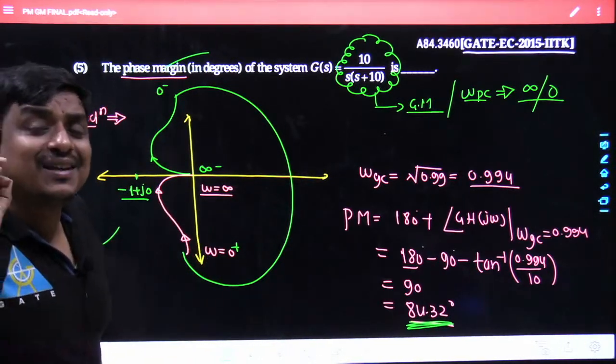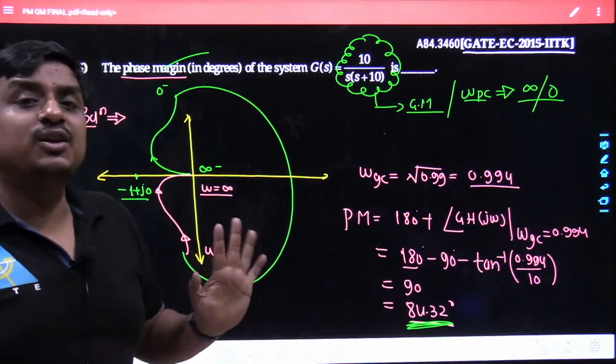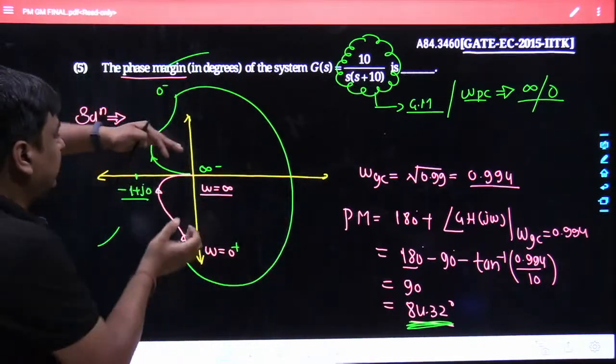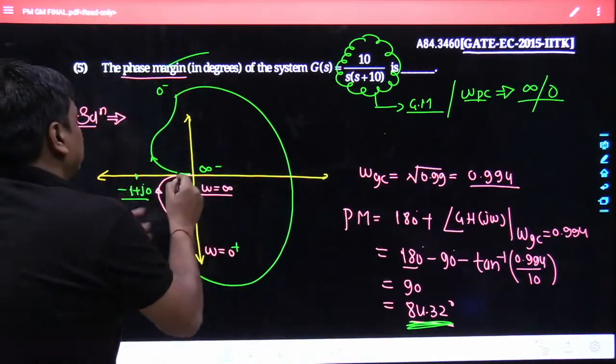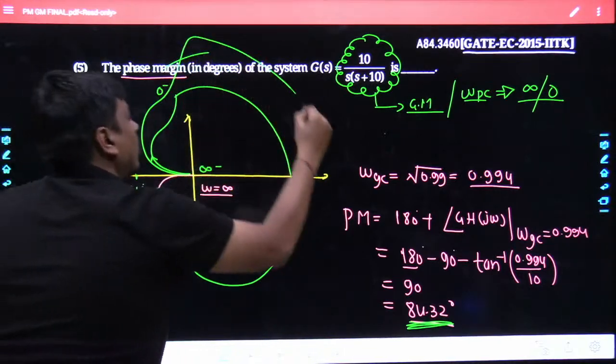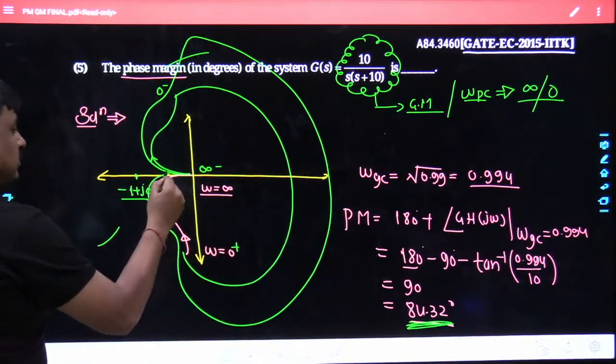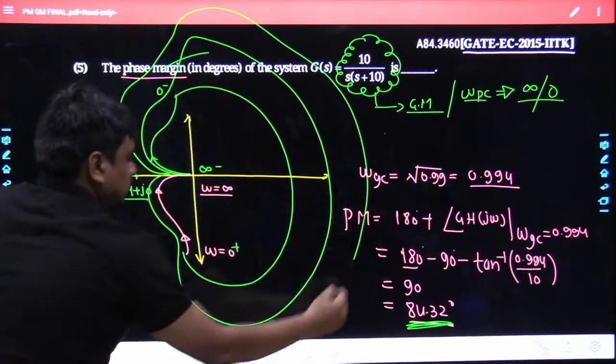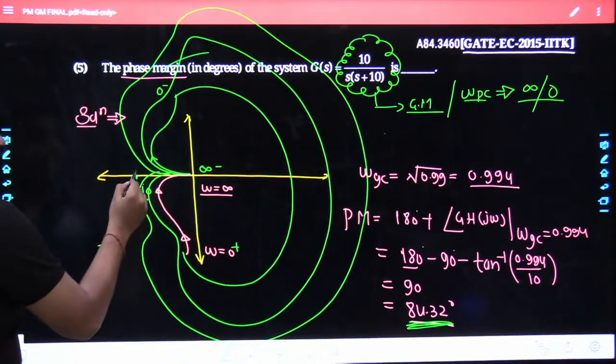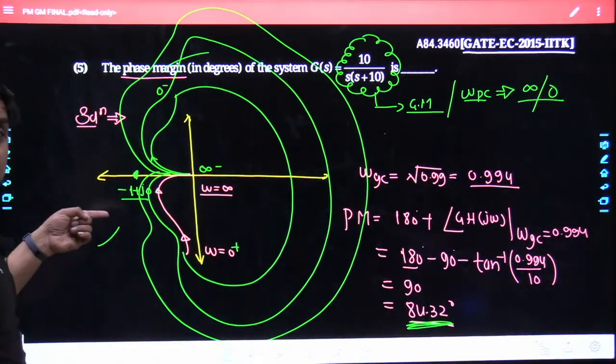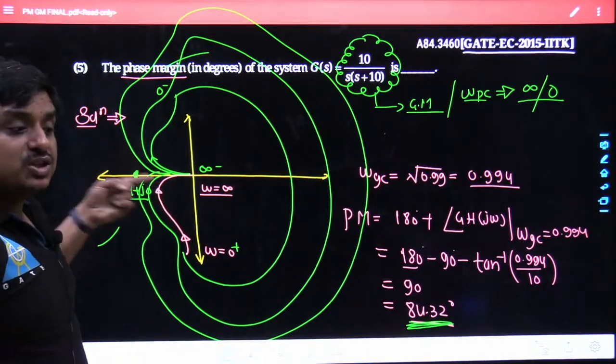If you just increase its gain, just try to understand in this way. If you just increase its gain, what would happen? This structure would become larger and larger. But at no time would it enclose minus 1 plus j0. What does that mean?